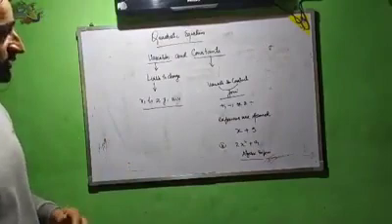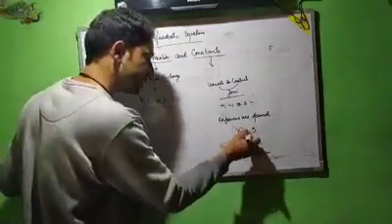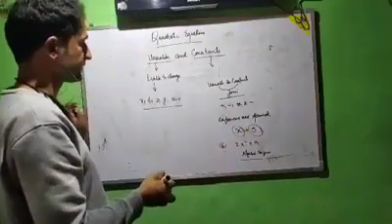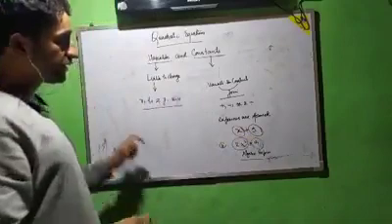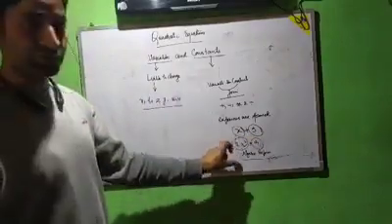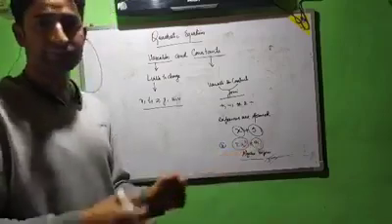Now, on the basis of number of terms, this x is a term, this 5 is a term, this 2x square is a term, this 9 is a term. On the basis of terms, we name algebraic expressions differently.